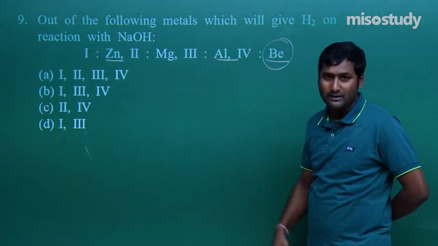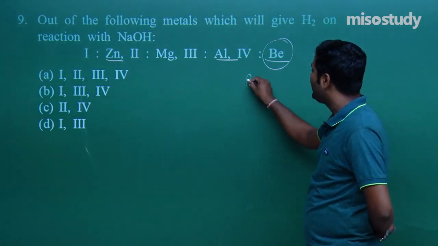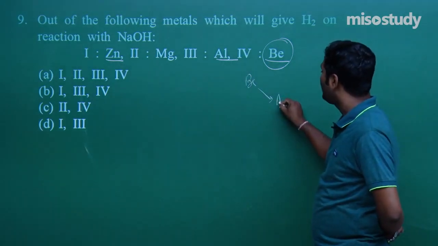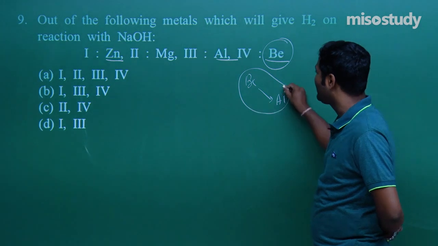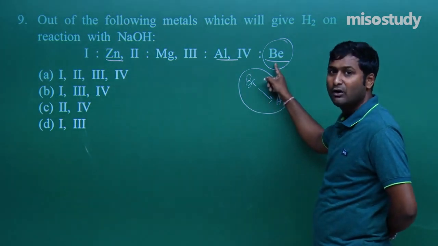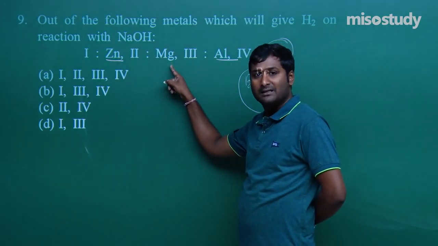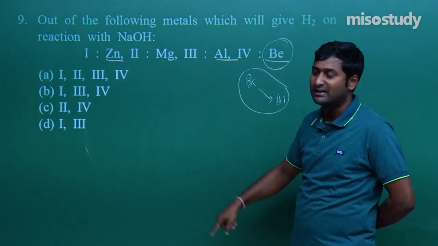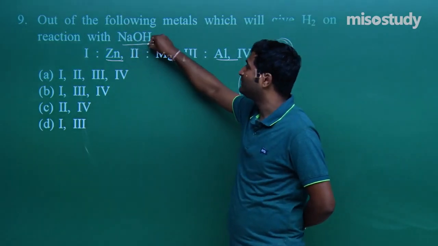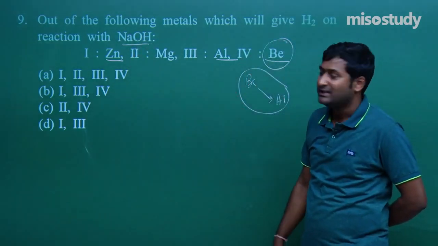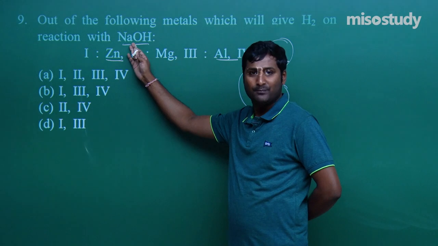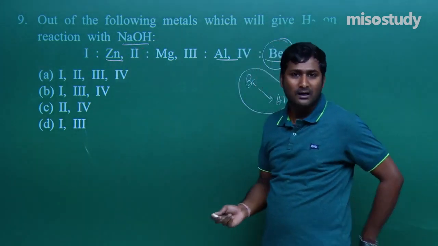Why Be? Because beryllium has a slight diagonal relationship. Otherwise, Be also belongs to the second group. Mg also belongs to the second group, the alkaline earth metals, so there is no possibility of reaction with NaOH. This is a strong alkali, and this alkali comes from an alkali metal.